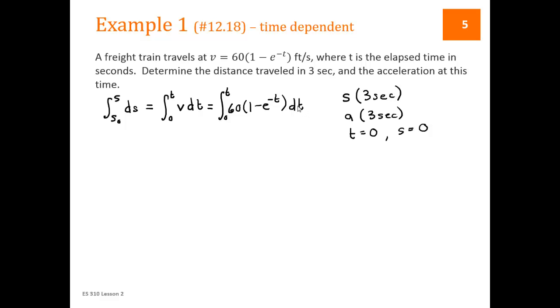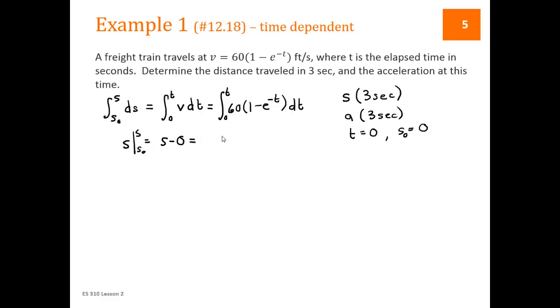All right, so 60 is a constant. So on this side, we just integrate. So this is going to be s evaluated from s naught to s, which is going to be s, which is what we're looking for, minus 0, which is what we said here, so s naught is equal to 0, right?